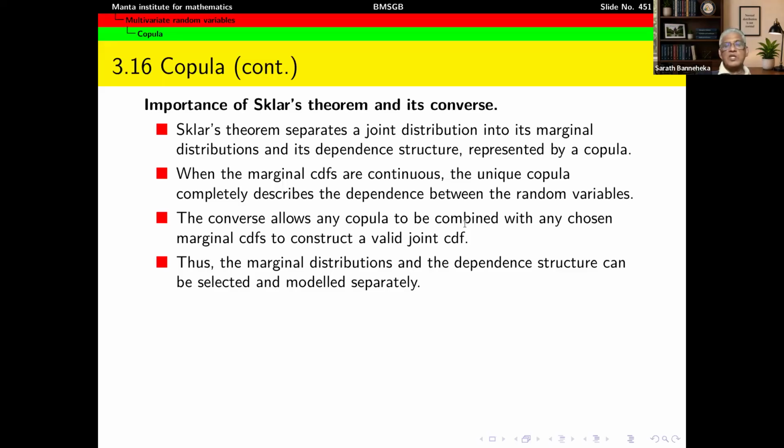The converse allows any copula to be combined with any chosen marginal CDFs to construct a valid joint CDF.